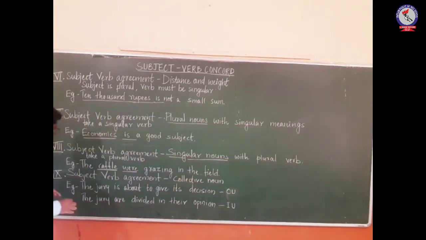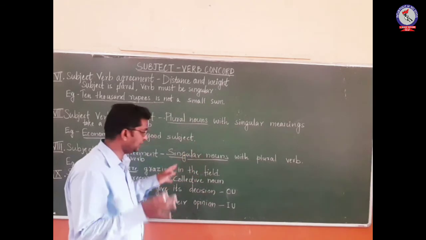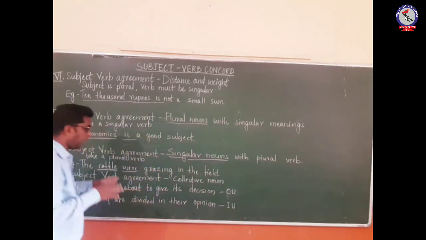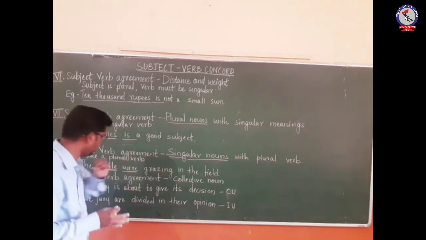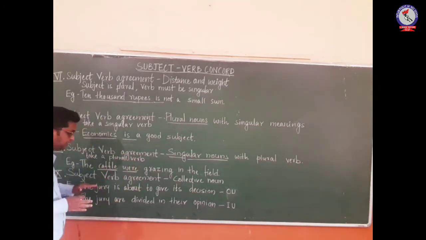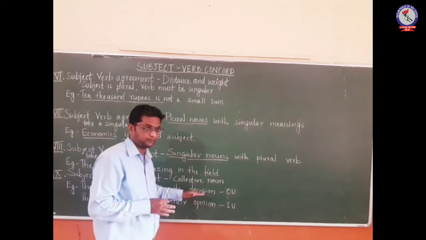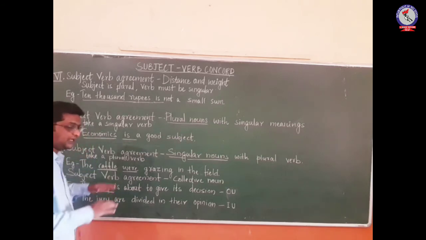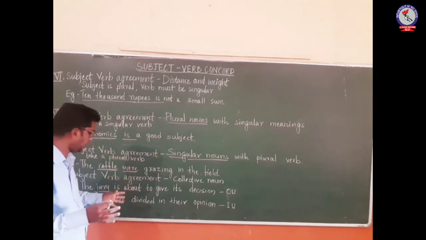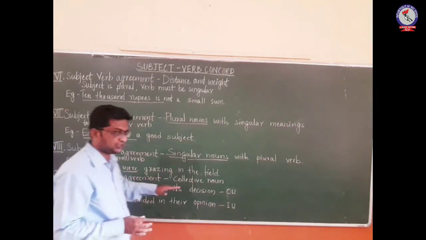Now see the next, subject-verb agreement in collective noun. When we have a collective noun, then how will the verb change? There are two examples. First, the jury is about to give its decision. Now the jury, it is a collective noun. So here the jury is about to give its decision.